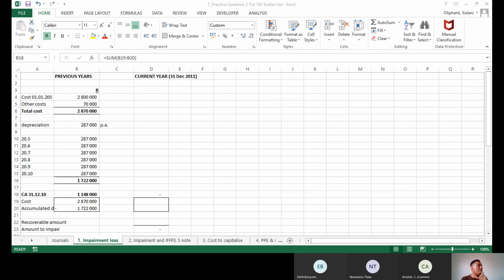So immediately when I read paragraph 2, without even going to paragraph 3, to me it is already speaking about impairment. So we need to do an impairment test here somewhere, somehow.